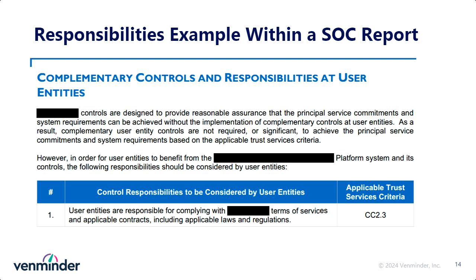As a result, complementary user entity controls are not required or significant to achieve the principal service commitment and system requirements based on the applicable trust service criteria. However, in order for user entities to benefit from the platform system and its controls, the following responsibilities should be considered by user entities. And then it lists out a control.